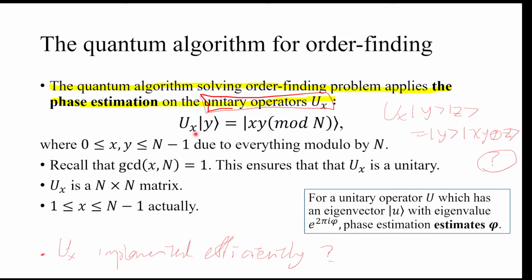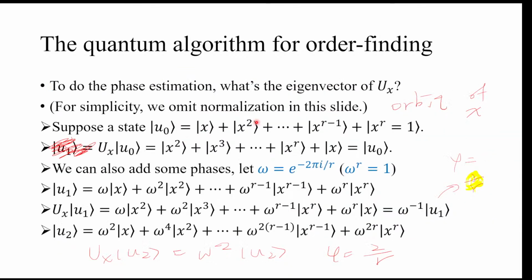We know if you keep multiplying x by itself, it will get this orbit from x to x squared all the way to x to the r, so there will be r different things, and we only care about those r different eigenvalues and eigenvectors.